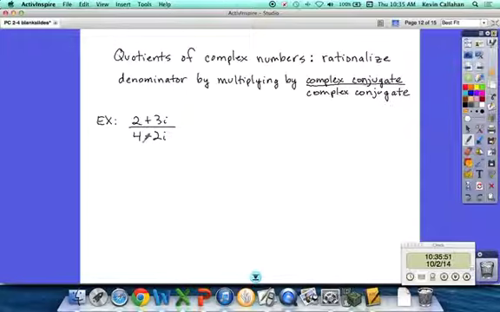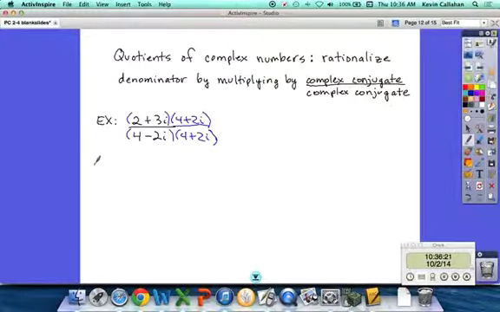Not the numerator's complex conjugate, but what is the complex conjugate of 4 minus 2i? 4 plus 2i, right? So we multiply the denominator by 4 plus 2i, and because of basic algebra, we have to do the numerator times 4 plus 2i. That's the strategy. Multiply by the conjugate of the denominator over itself.